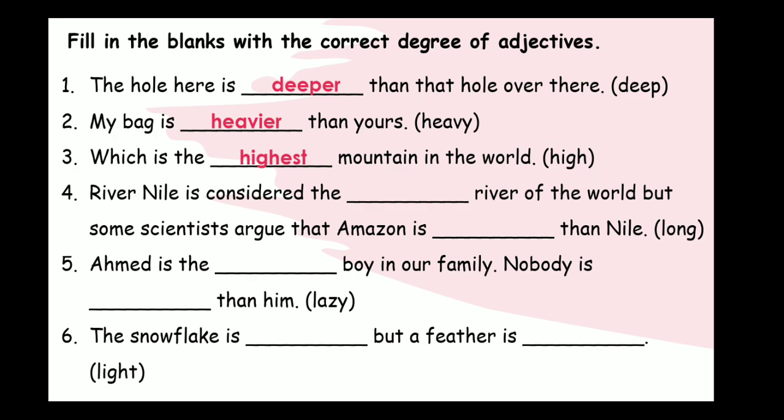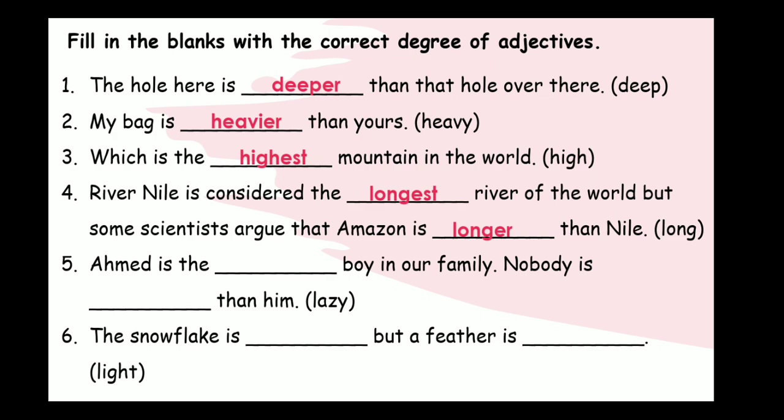River Nile is considered the dash river of the world, but some scientists argue that Amazon is dash than Nile. And the adjective here is long. River Nile is considered the longest river of the world, but some scientists argue that Amazon is longer than Nile.